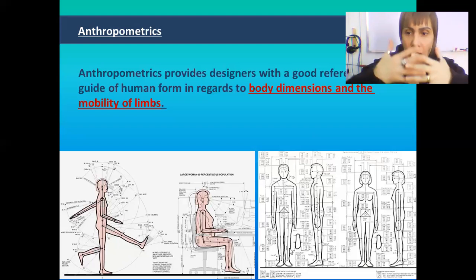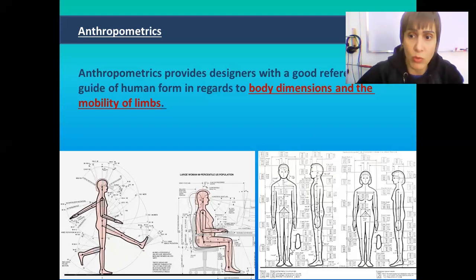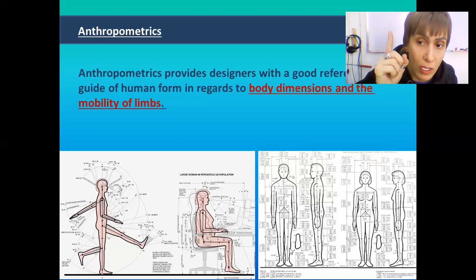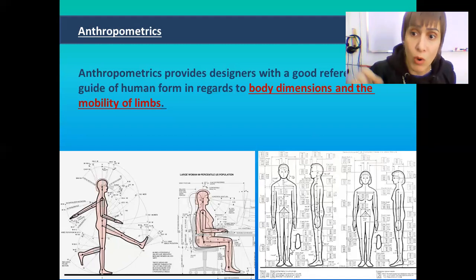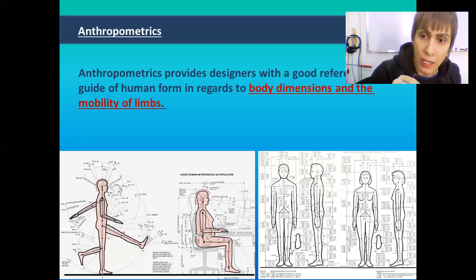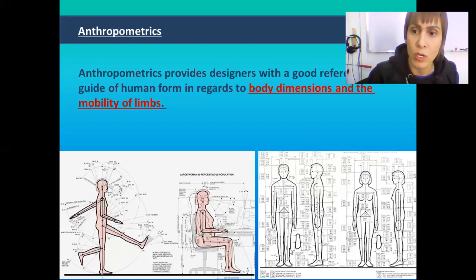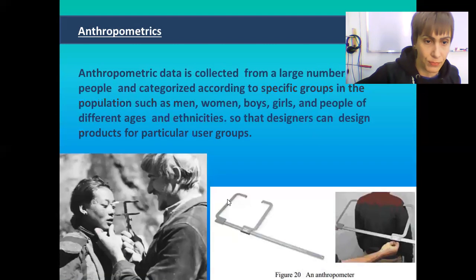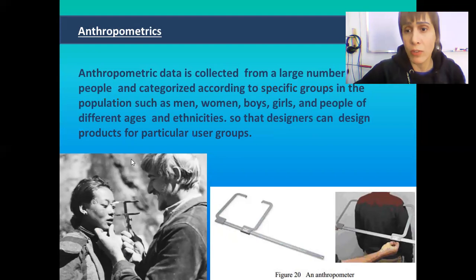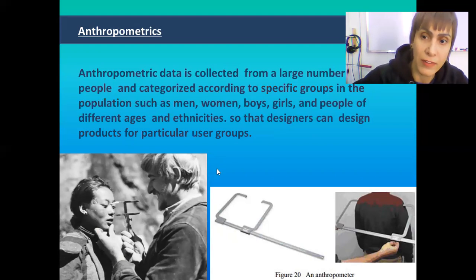How to select, because I have so many numbers, how to select for my design. This is what's important. Now, finding the information, finding the data is easier than selecting it, knowing how to select it correctly. So pay attention to this. Now, how did they collect all this data about the human body?